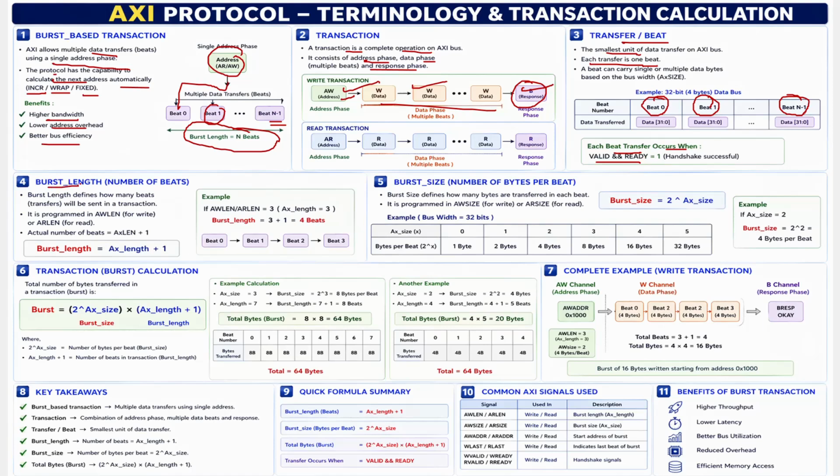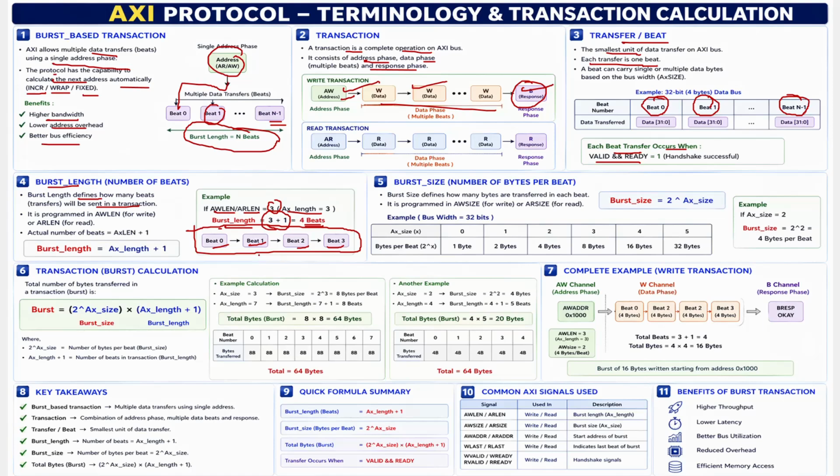See, burst length defines how many beats you are transferring. So in one transaction, how many transfers do you need to make? Suppose you are sending AW length or AR length as 3, that is your actual length. Then for burst length you need to add plus 1, so 4 beats you are transferring. That means these 4 beats will be treated as one transaction. Beat 0, beat 1, beat 2, beat 3, all beats are transferred, then only one transaction is completed.